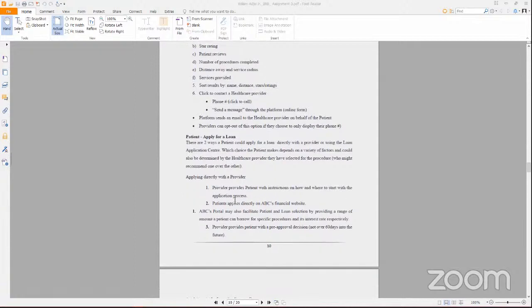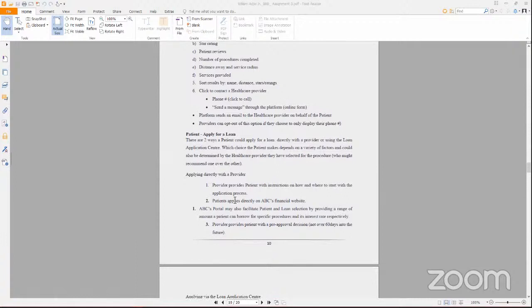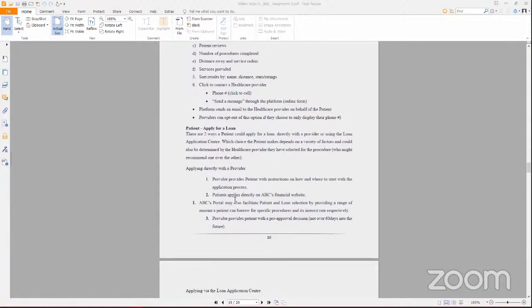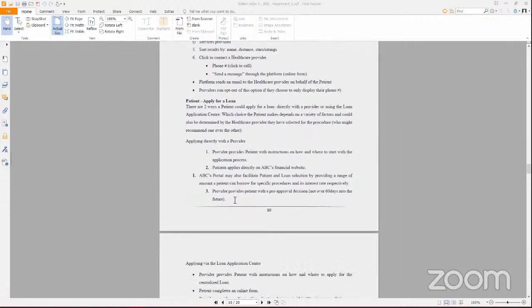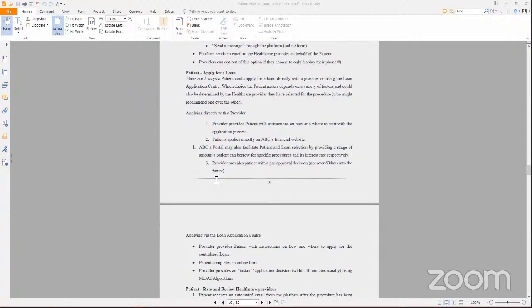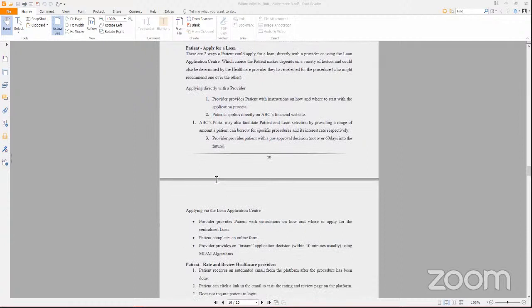So here there are two ways patients could apply for a loan, either directly with the provider or using the loan application center. Applying directly with the provider gives the patient instructions on how and where to start the application process. The second is that the patient applies directly on ABC's financial website.